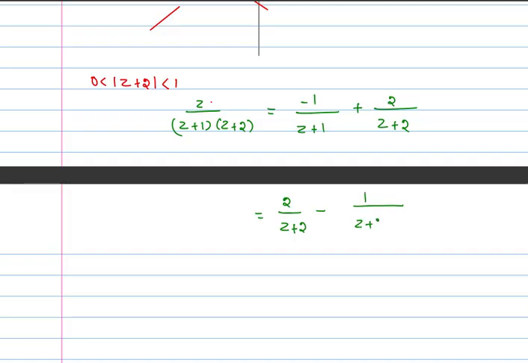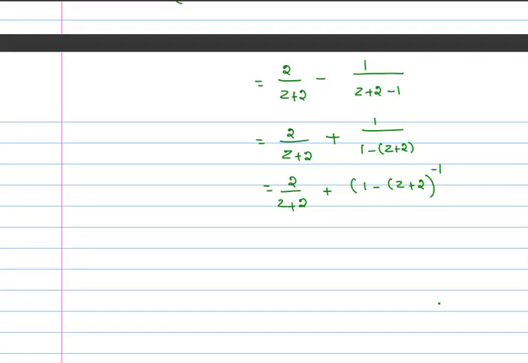So add 1 and subtract 1. So 2 divided by (z+2) minus, I will take one more minus outside, so we will get 1 minus (z+2), which is nothing but z+2 inside: 1 minus (z+2), whole power minus 1.